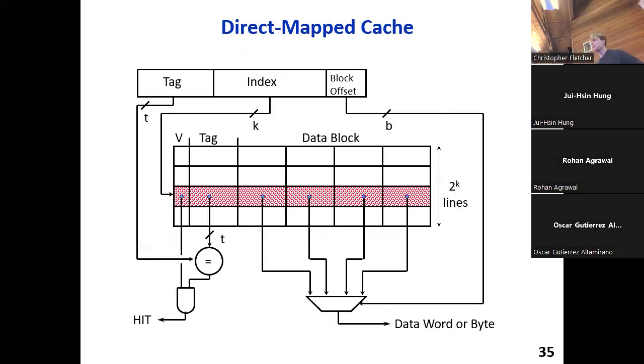Okay. Very quickly, we're going to do a whirlwind of one level down how we're actually going to implement these hardware optimized cache tables in hardware. So here is a direct mapped cache. Per what I said, we split the address into several fields: tag, index, block offset. Again, think hash table. Tag is a key, or it's a fraction of a key that we know we need to check based on our hash function, which is just take the k index bits and use that to select a set or a bin.